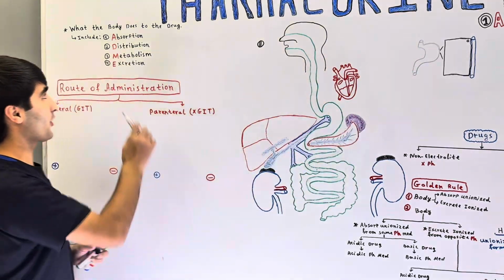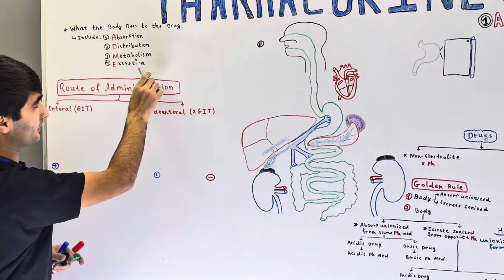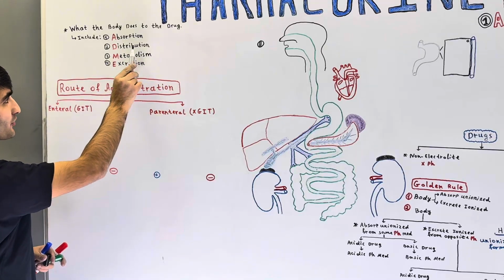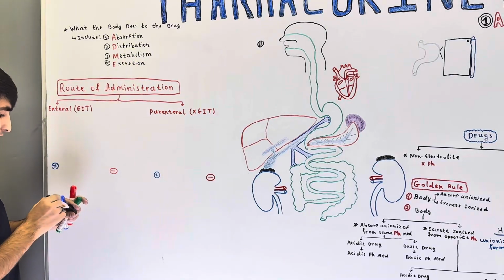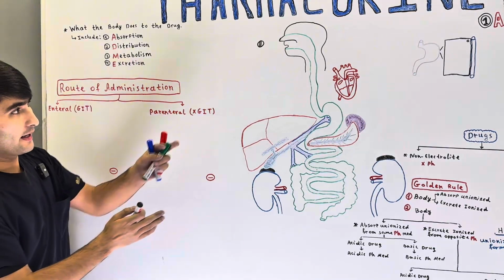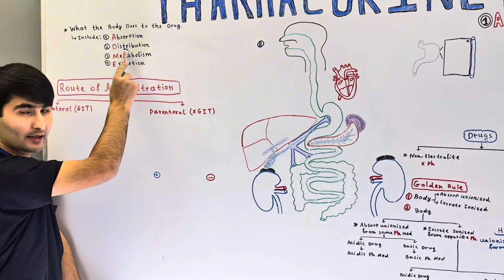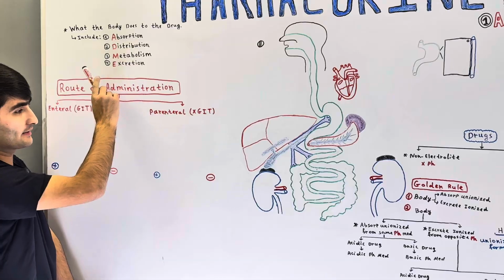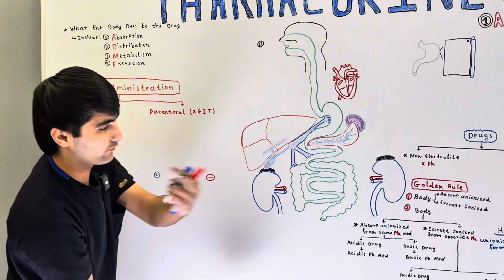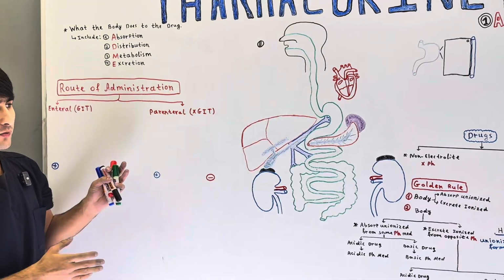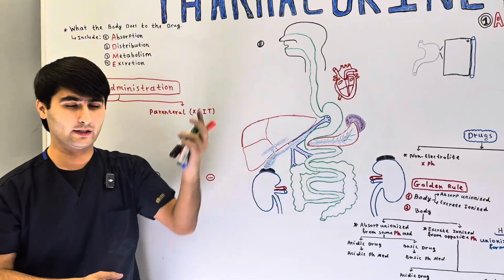There are 4 main stages of pharmacokinetics: absorption, distribution, metabolism, and excretion. It means the patient's body first absorbs the drug, then distributes the drug, after that metabolizes it, and at the end excretes the drug from the body. All that process is included in pharmacokinetics.